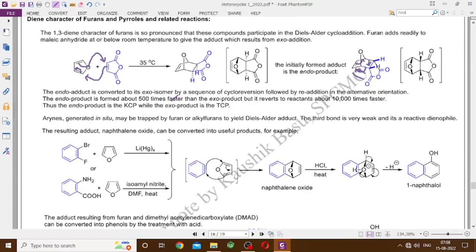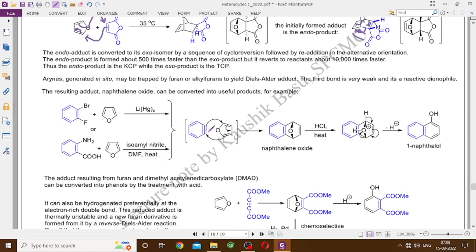The other dienophile that reacts very well with furan is the aryne. Remember the cine substitution that you have seen for aromatic nucleophilic substitution. When we discussed the SNAr, we talked about this intermediate where a benzene ring has a triple bond.